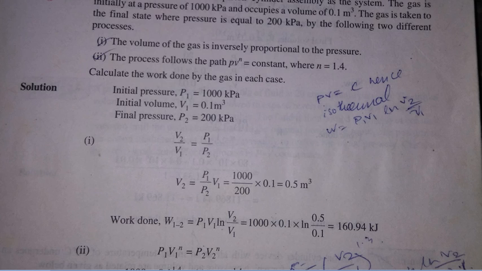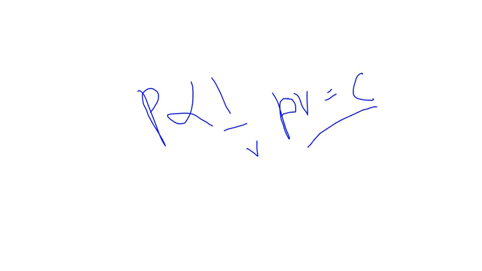Now, as it says P is inversely proportional to V, ultimately PV is equal to constant. So that is an isothermal process. In the case of an isothermal process, the work done is equal to P1 V1 into ln V2 by V1.